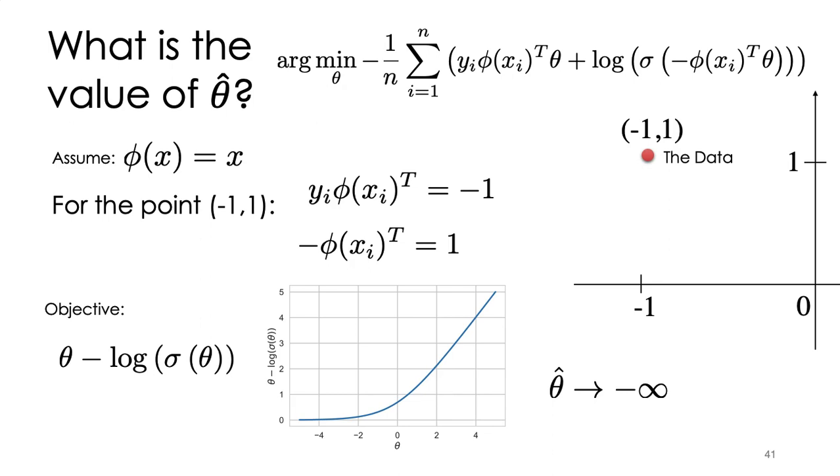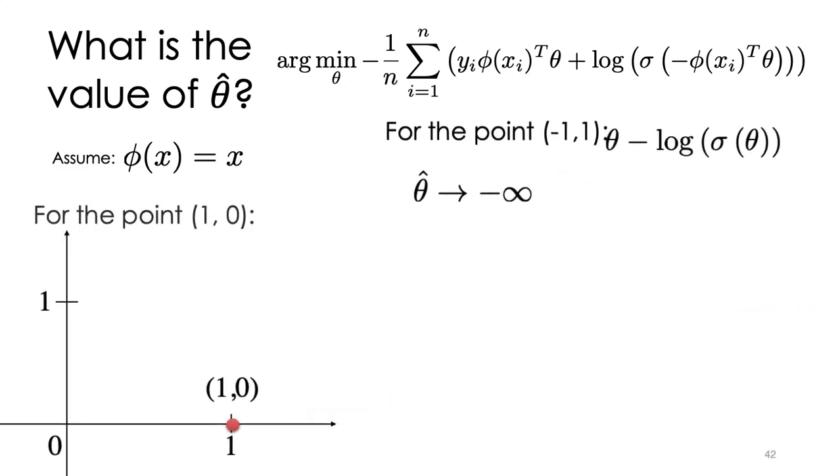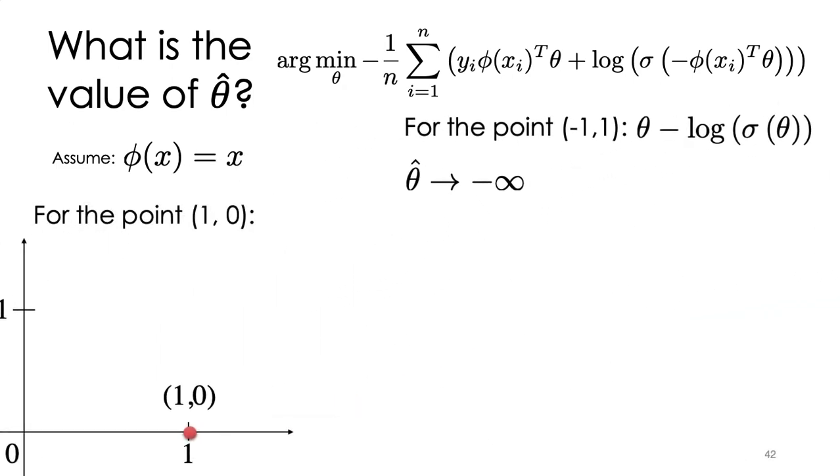For the next point, I'm going to ask that you do the details exactly as we did here. And you will see that for the point (1, 0), once again, the best theta goes off to minus infinity. You can calculate y times phi of x transpose.